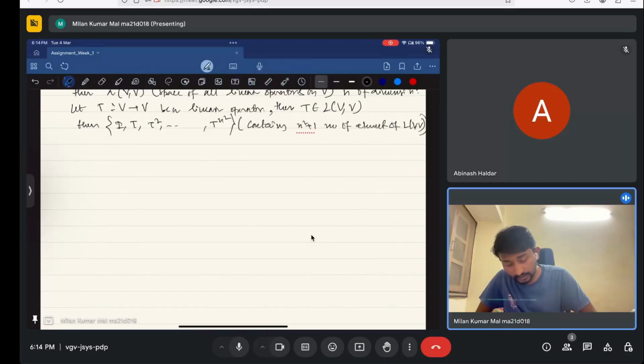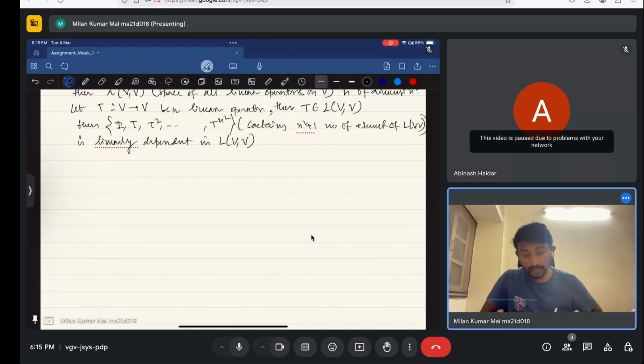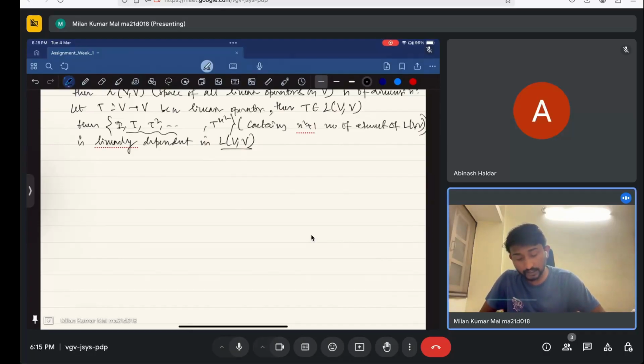This set is linearly dependent in L(V), because V is finite dimensional of dimension n, and L(V) is also a vector space over the same field F with dimension n square, as this set contains n square plus one elements. So therefore this set will be linearly dependent.